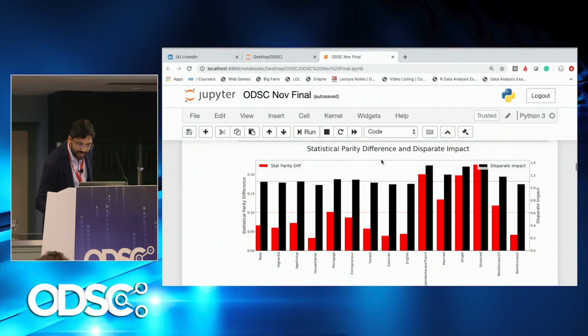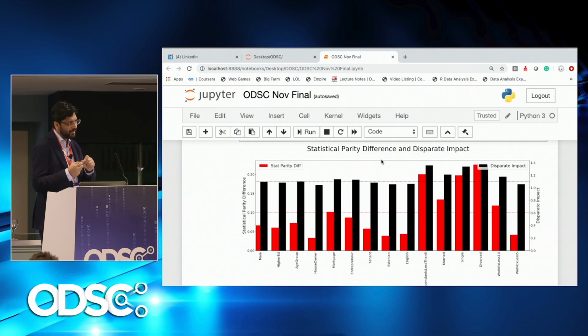Can we count how many red bars and black bars are above their threshold respectively? Around how many? 4, 5?